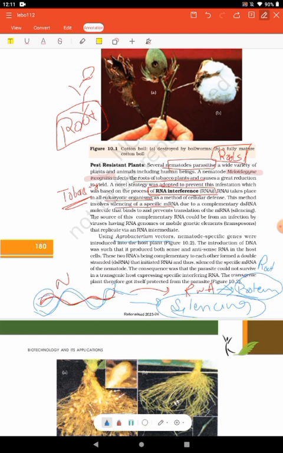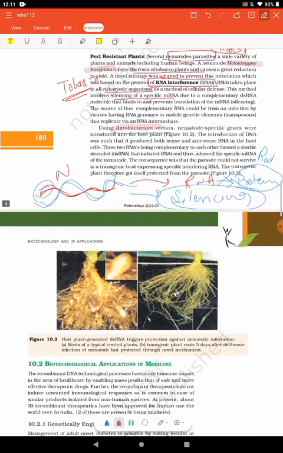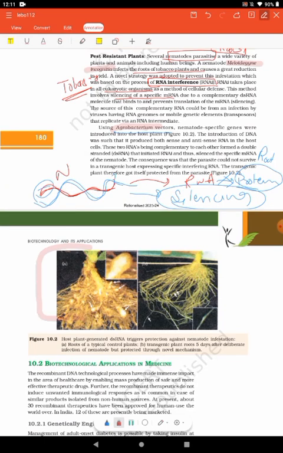With the help of the Agrobacterium vector, you will insert the specific gene in the plant, and that will make a complementary RNA strand and silence the RNA of the nematode. That is RNA interference. You can see in the image, in part A, the root is affected.